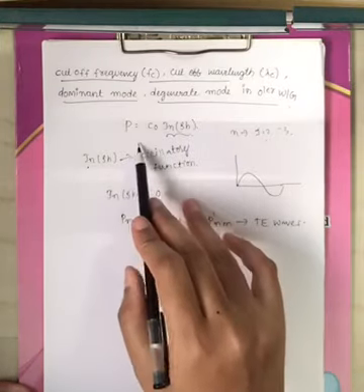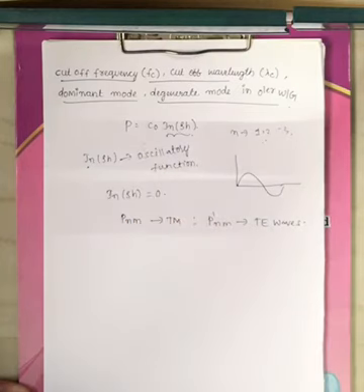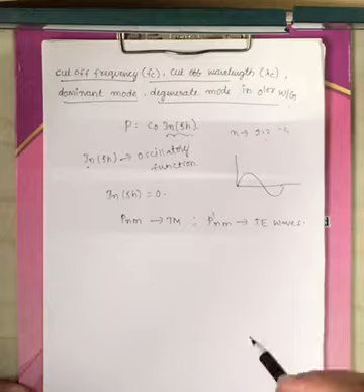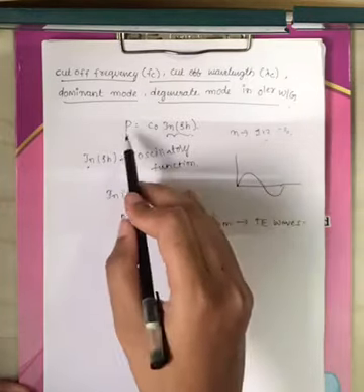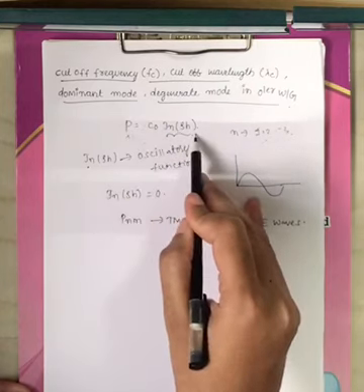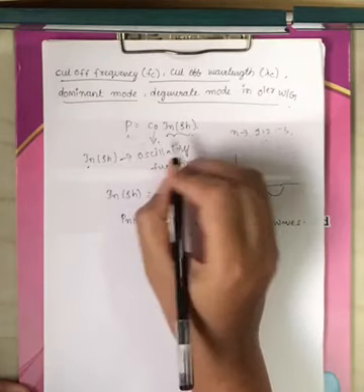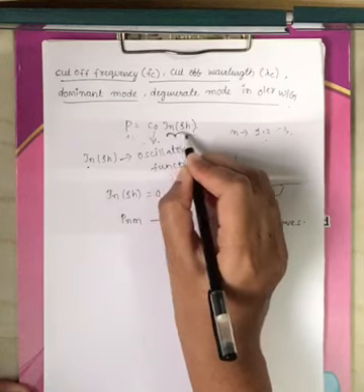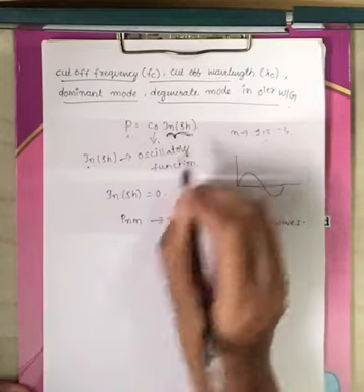Let me explain briefly. We found this solution in the previous lecture, in both the TE and TM modes of propagation. We converted the wave equation into an nth order Bessel function, whose solution is y equals C naught into Jn of x, where y corresponds to P and x corresponds to rho h. C naught is a constant.